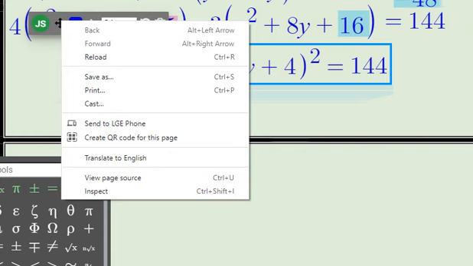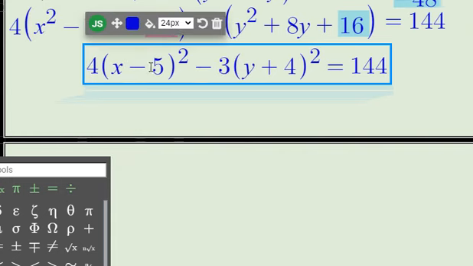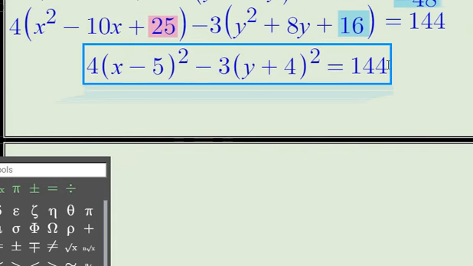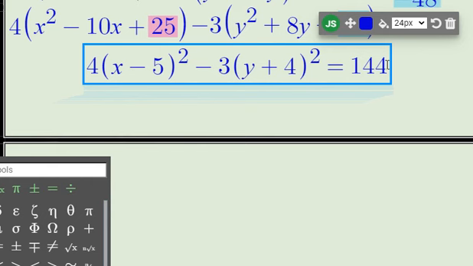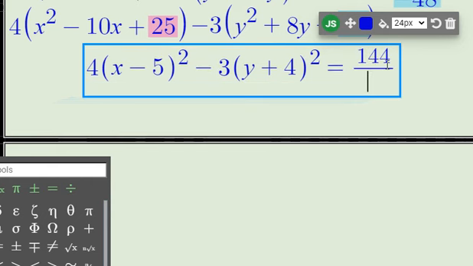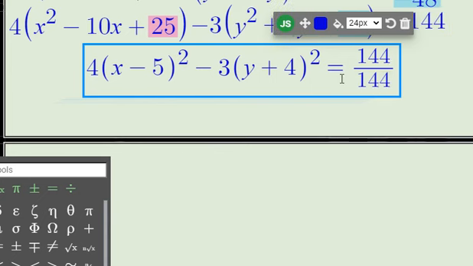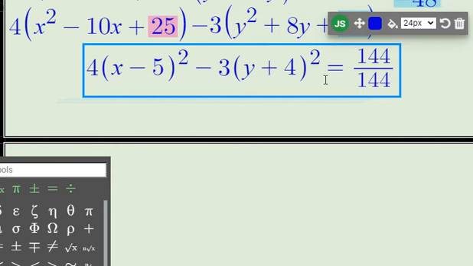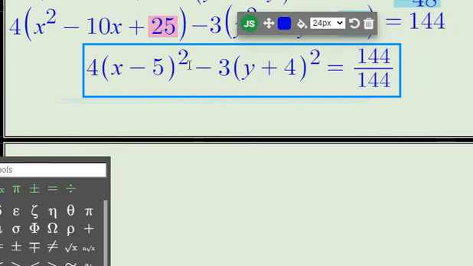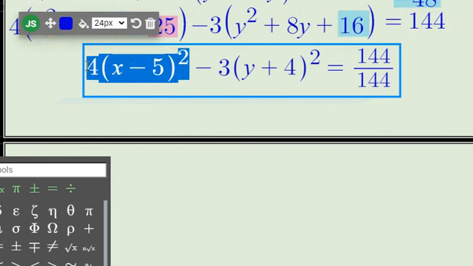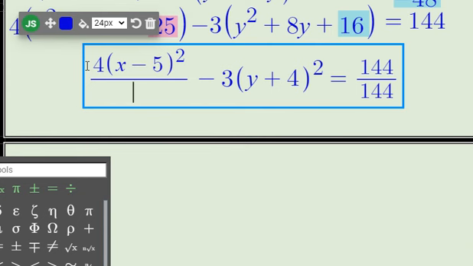Now, I know that my equation needs to be equal to 1. So I have to divide 144 by 144. But if I do that to this side of the equation, I have to do it to both things over here as well. So I'm going to take this term, divide by 144.